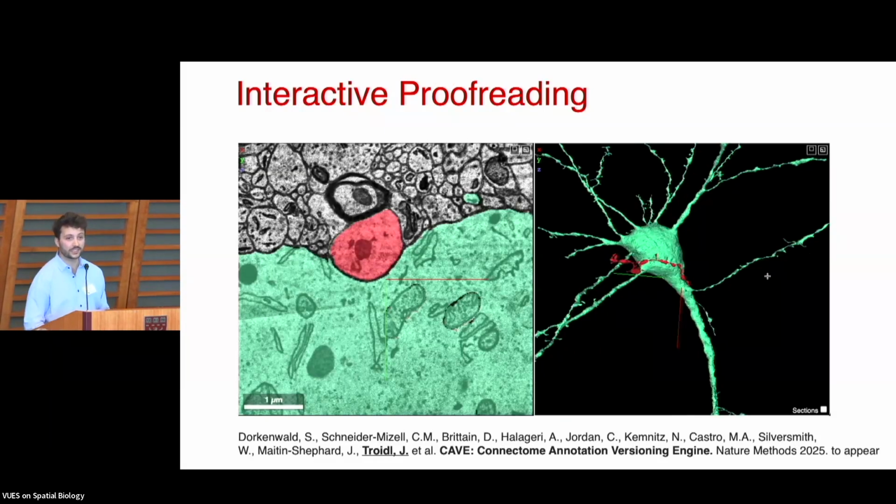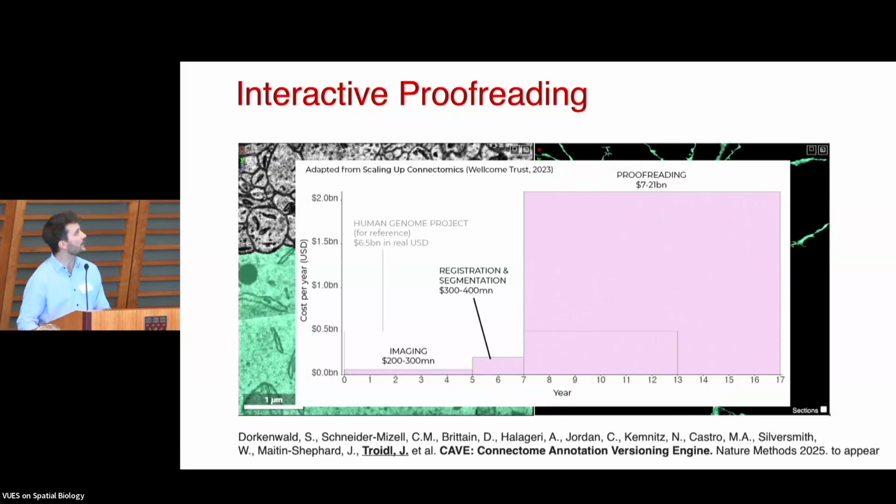But still, even with that very optimized process, recently a report came out from the Wellcome Trust. That's a funding agency that supports connectomics research. And they've been trying to estimate what it would cost to create the next large-scale connectome, the next frontier in connectomics, which is a whole mouse brain connectome, orders of magnitude larger than what we currently can do.